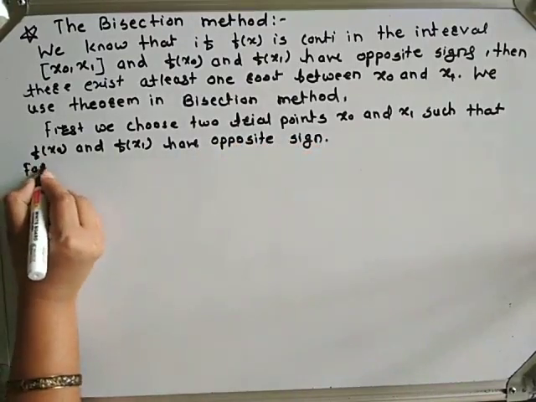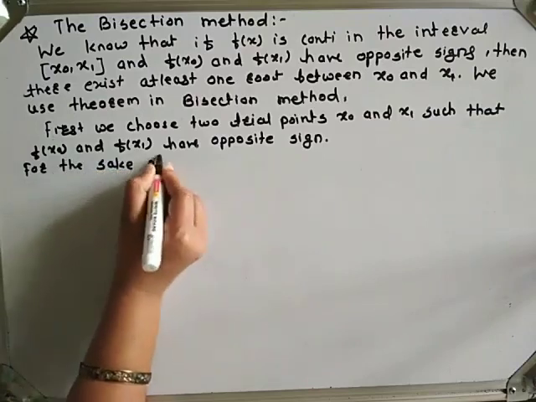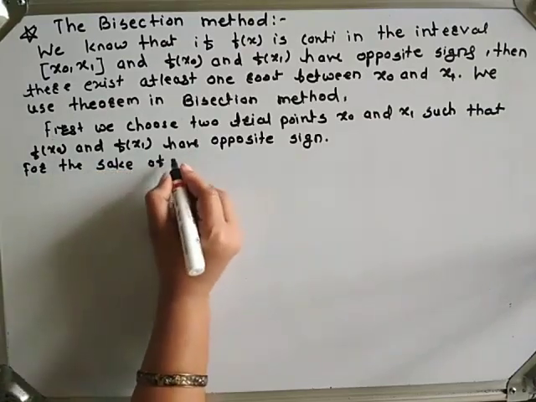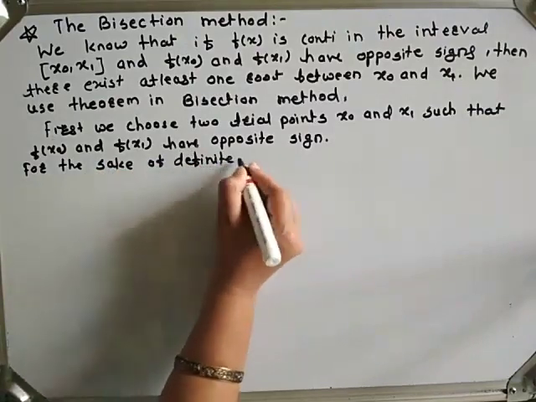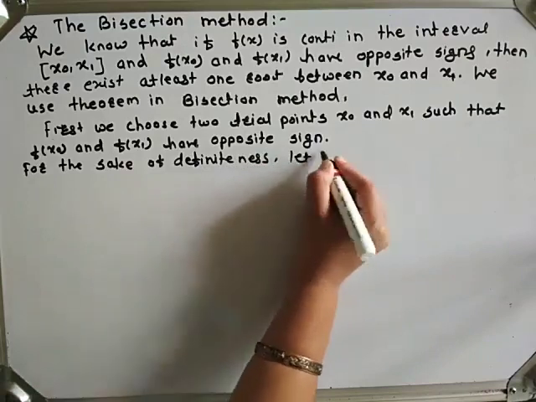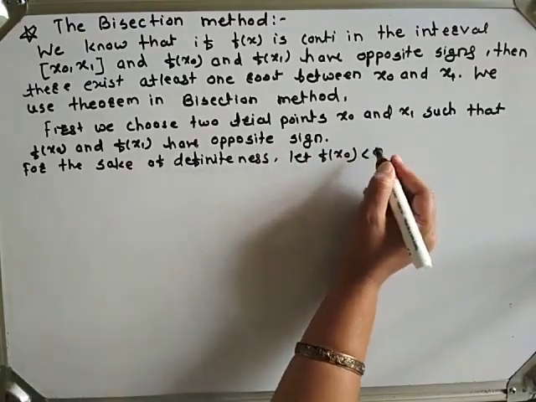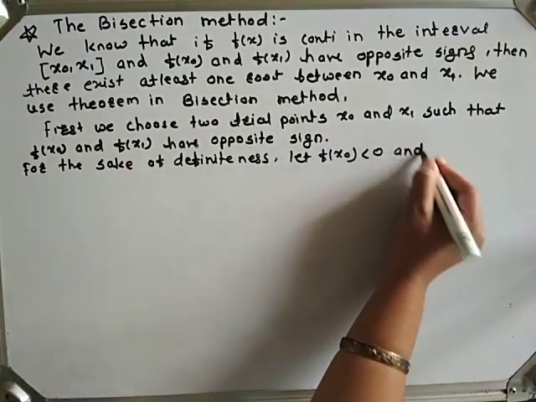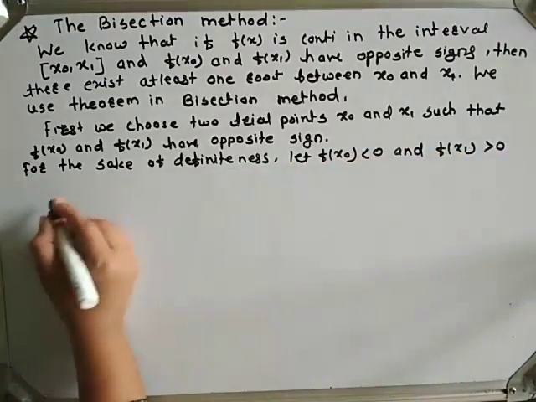For the sake of definiteness, let f of x0 be strictly less than 0 and f of x1 be greater than 0.